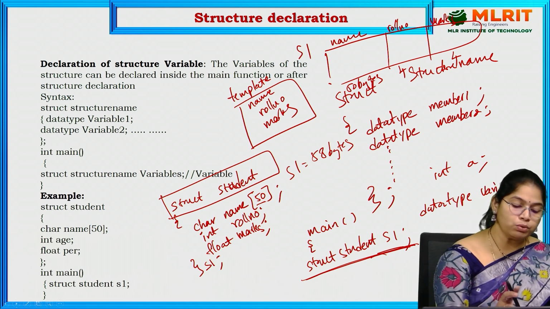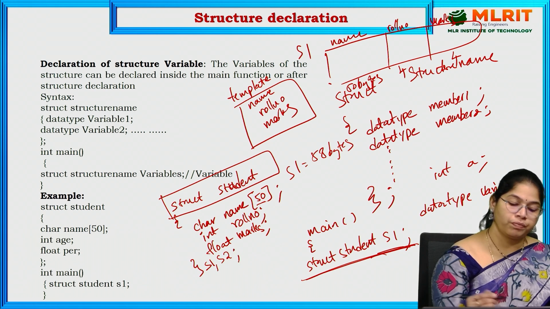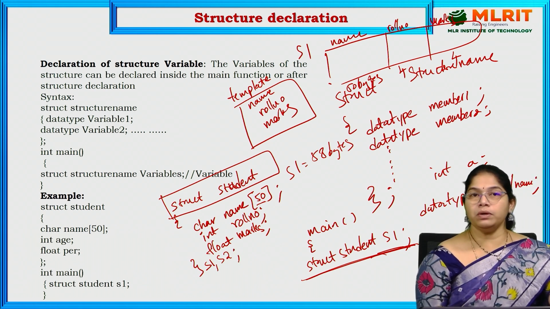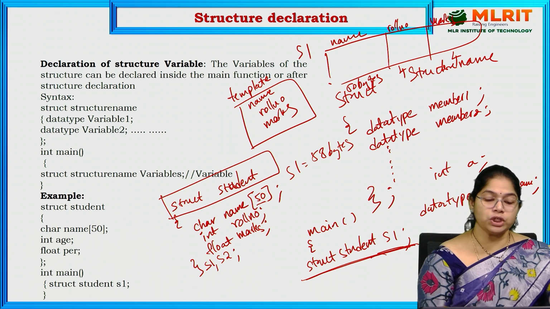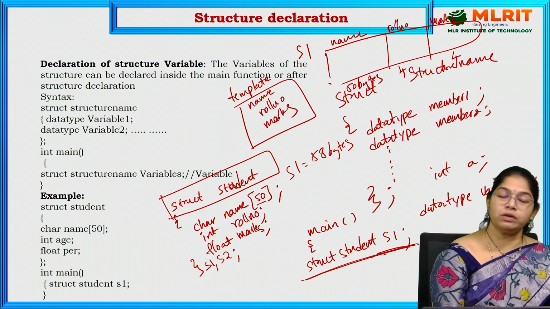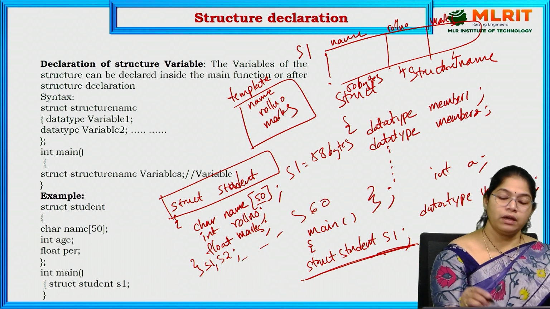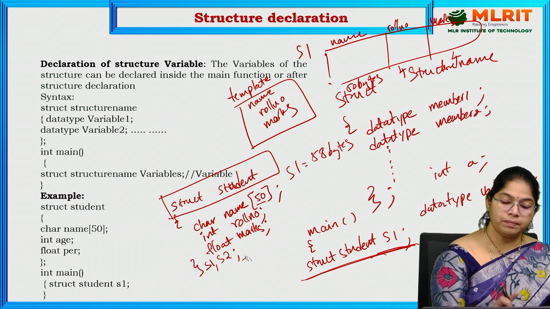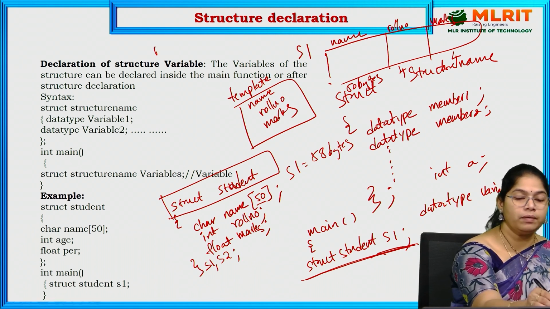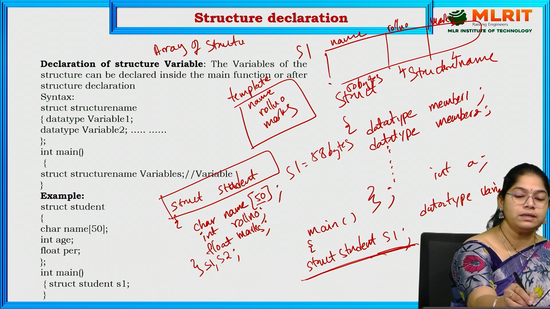If I have 2 students, we can write S1, S2; If I want to declare variables for 60 students, we cannot write S1, S2, and so on up to S60. For that we have a concept called array of structures. This we'll discuss in the next session.